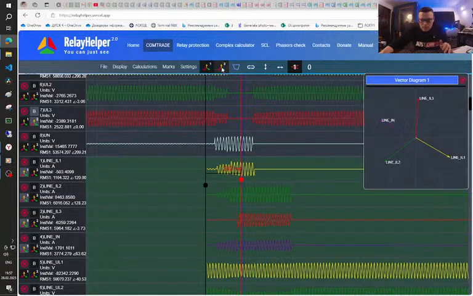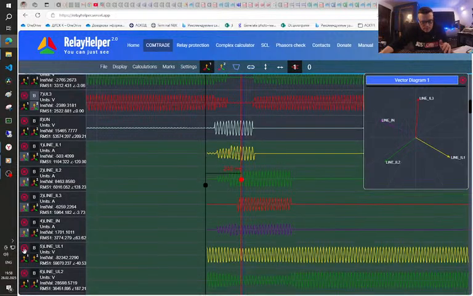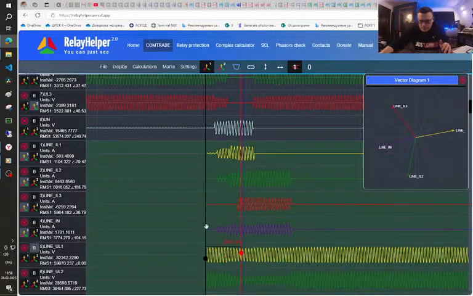Let's look. So the degrees between phase currents is almost like we see the three-phase short circuit.